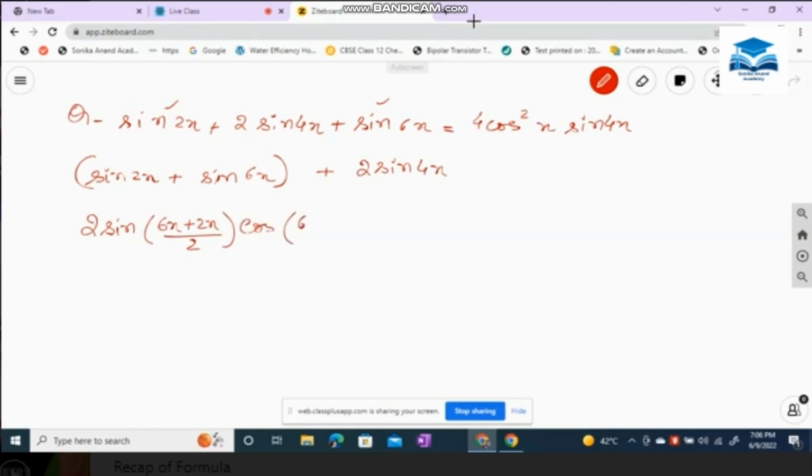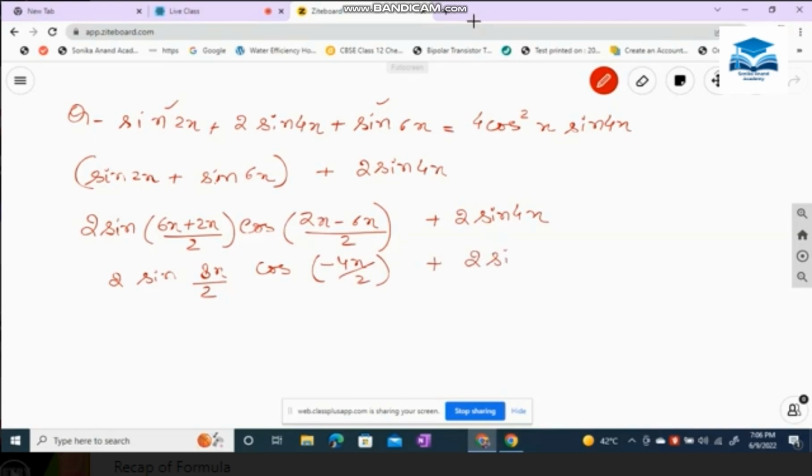Here, 2x is A, so we write 2x minus 6x, as given in the question, over 2, plus 2 sin 4x. Now we have to solve this, and we get 2 sin 8x by 2, another term cos of minus 4x by 2, plus 2 sin 4x. Clear?